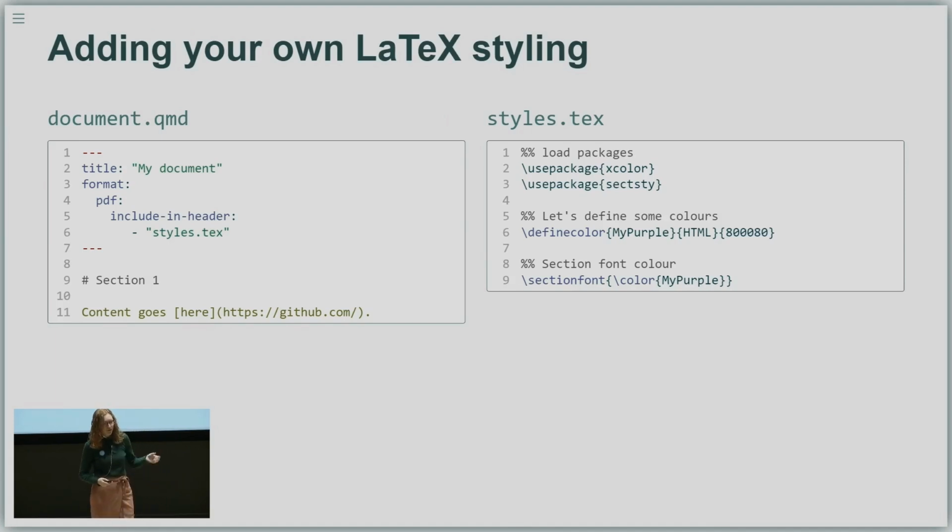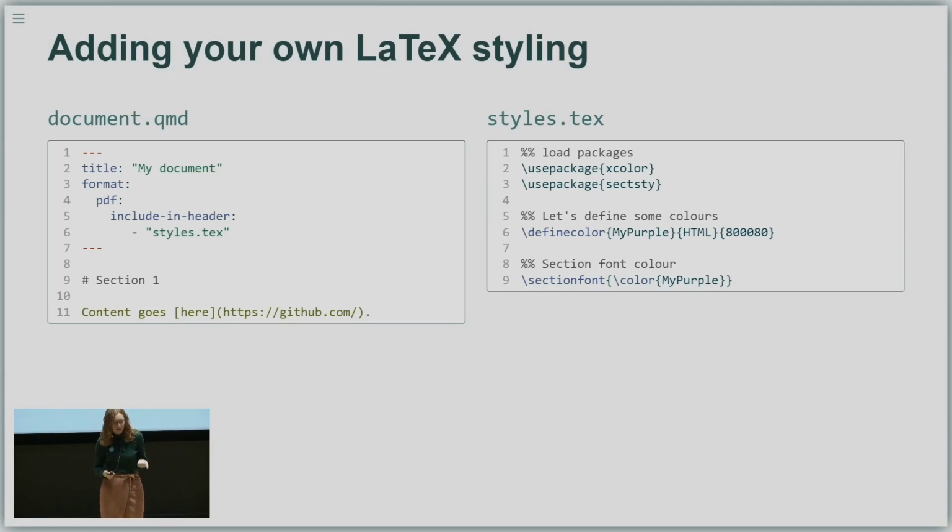So what you can do is add your own LaTeX styling to your PDFs. In the YAML of your Quarto document, you can link to a LaTeX file. Similarly, you can link to a CSS file if you're making HTML documents. And then you can put anything you like in your style file for LaTeX. Now this is a very, very small example.